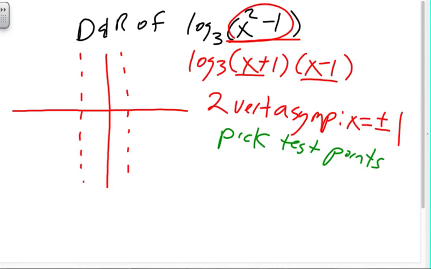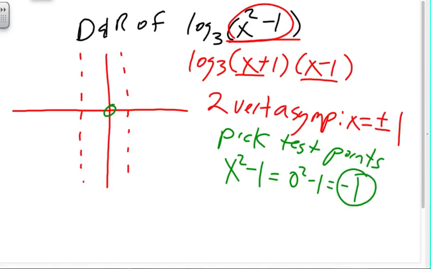And I've got 3 intervals right here. So the first test point I'm going to pick is 0. Well, that's nice, I can plug it in. So 0 squared minus 1 is negative 1. Since that is less than 0, this is not in the domain. Now I know these things are going to be going down here and here because of what I've got.